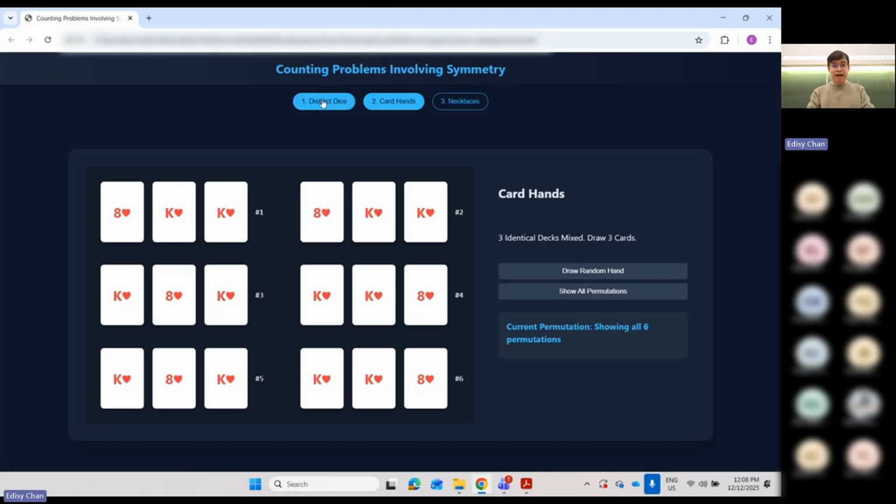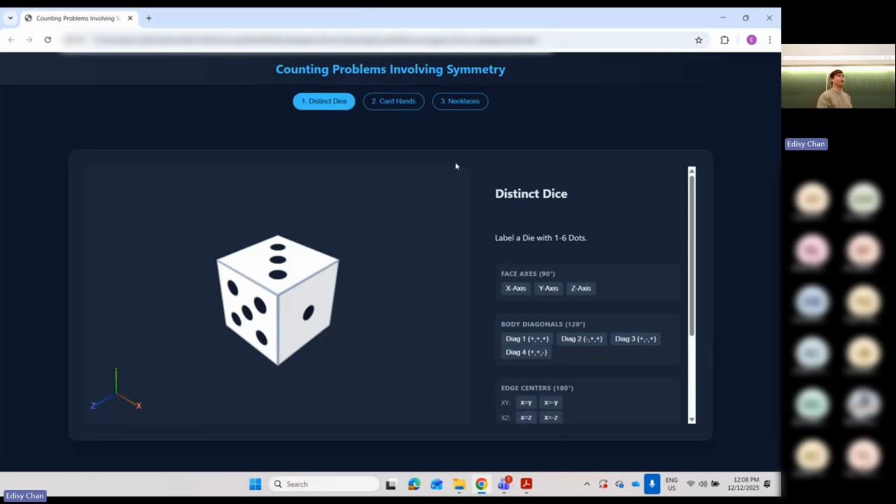And more difficult is dice, right? So now we have 6 numbers on 6 faces.